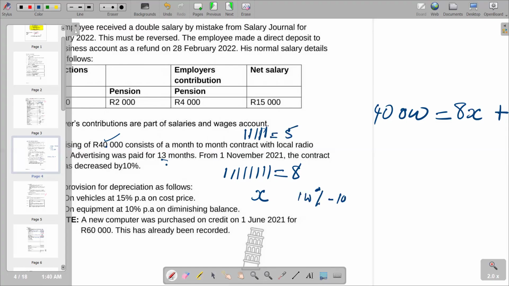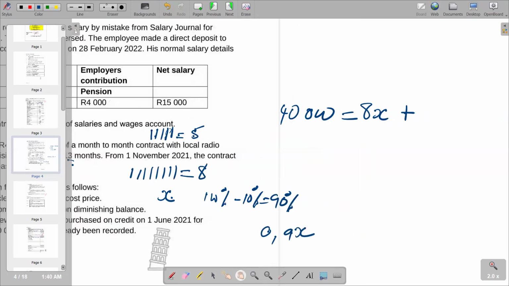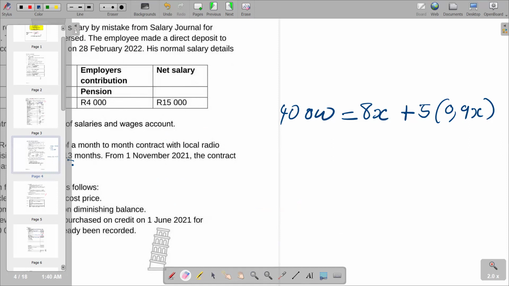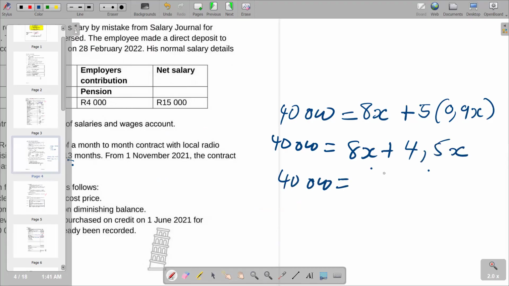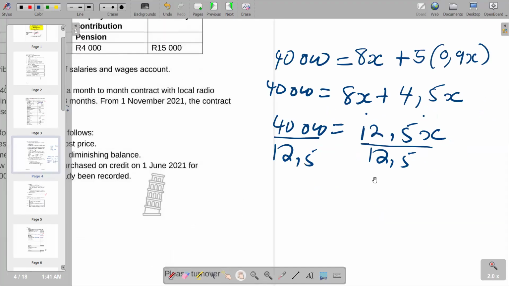Remember, we're going to say 100% to 90%, so 5 months times 0.9x. We can simplify it further: 40,000 equals 8x plus 4.5x. Then we can add like terms, and divide by 12.5 on both sides so that we remain with x on one side.